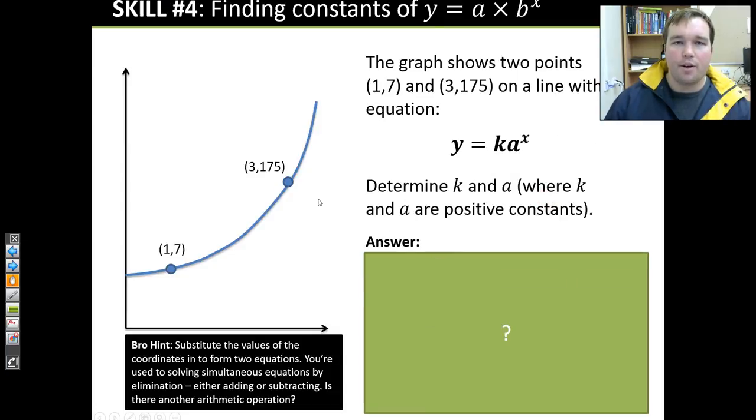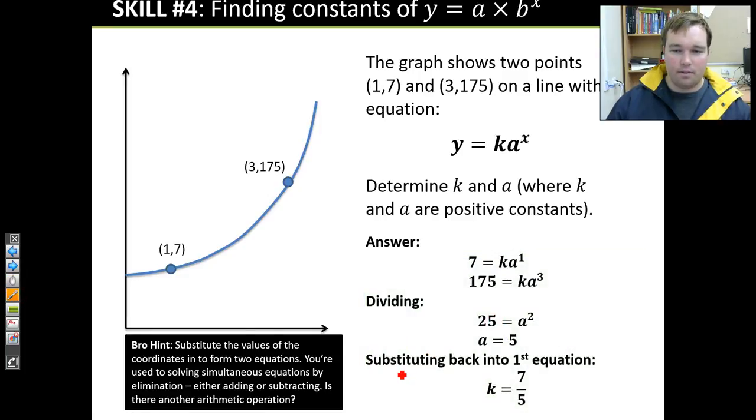Alright. Finding constants of y equals a times b to the power of x. Given 2 points on an exponential curve, you should be able to sub in to find the equation. So we can sub in when x equals 1, y equals 7, and when x equals 3, y equals 175. Now, click to reveal the answer. Don't worry about all of that.